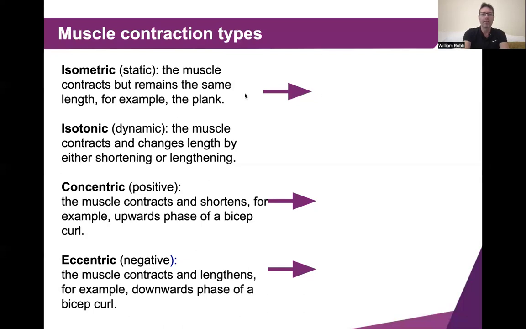So if we have a look at these, isometric, isotonic, concentric, eccentric, what do you think would be the hardest type of exercise to do? If you're thinking maybe isometric or eccentric, negative training, you're probably correct. We're probably looking mainly at eccentric training being the most difficult.